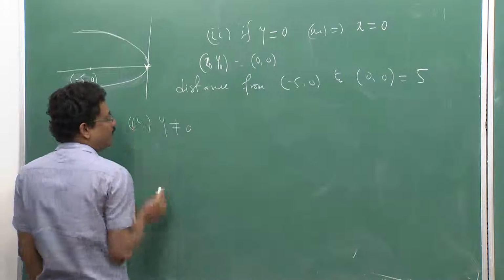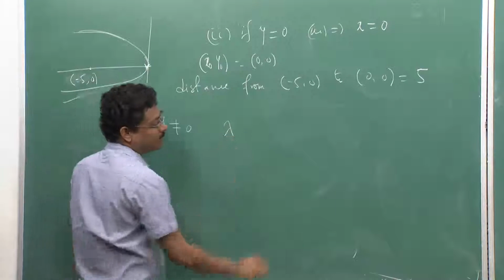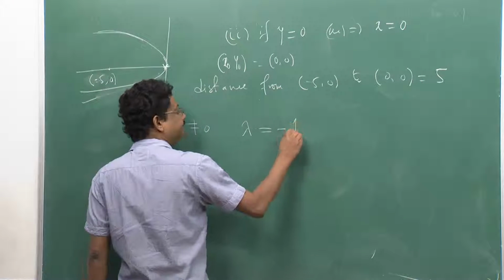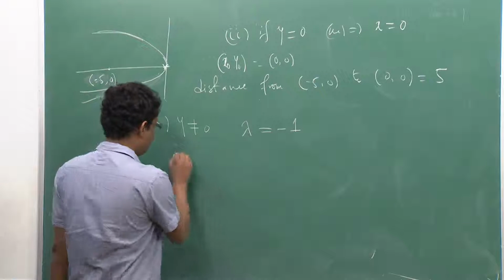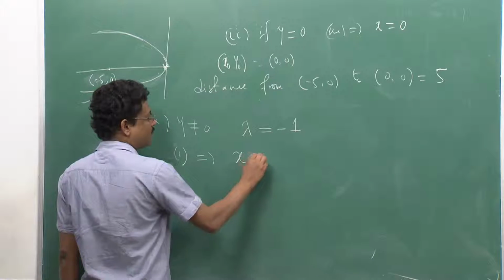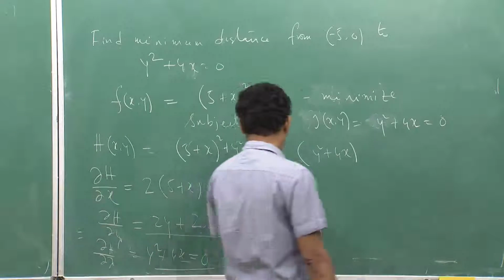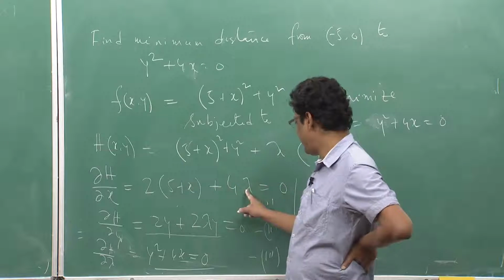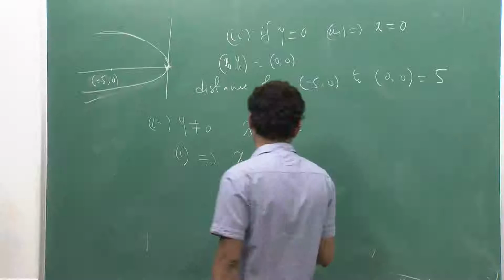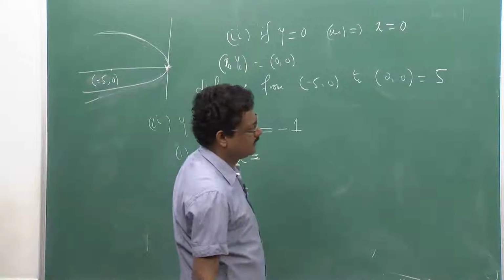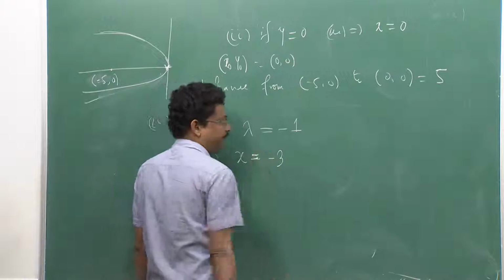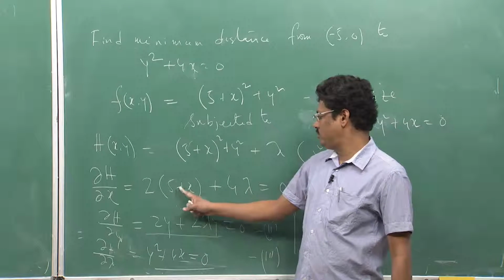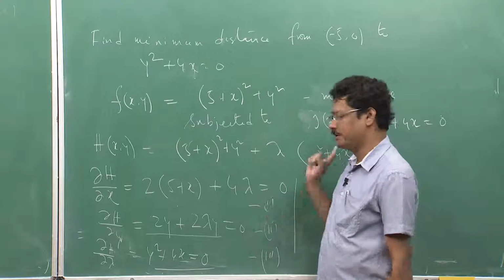If y not equal to 0, then 2 will give lambda, I can cancel y here, that will give lambda equal to minus 1, which will give x equal to, well, minus 4 by 2, so minus 2, that is minus 3. Yeah, minus 3, 2 into 2, 4, minus 4, 0.